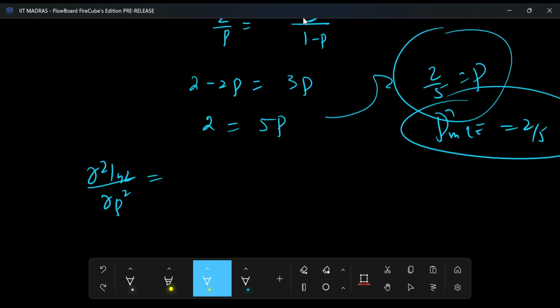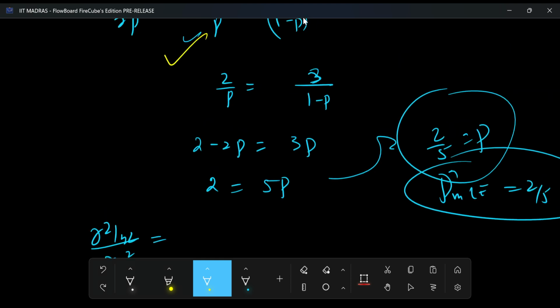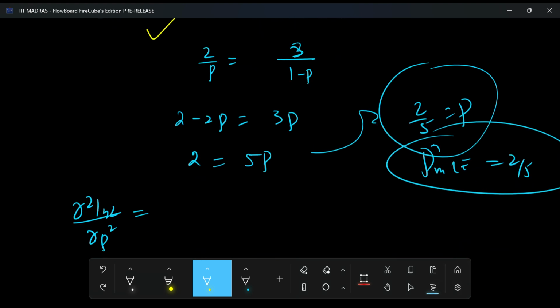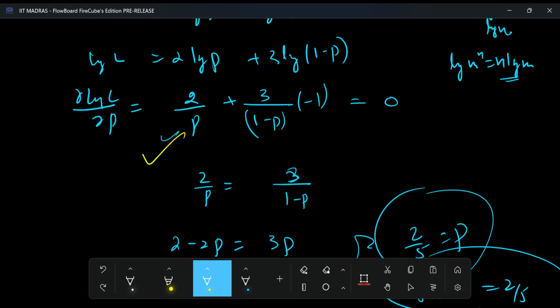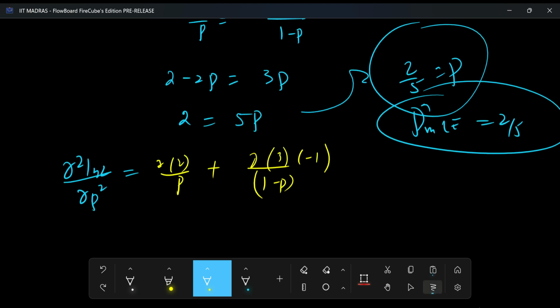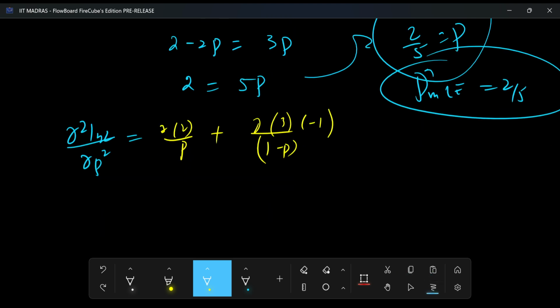So this will be equal to del of 2 by p plus del of 3 by (1 minus p) times minus 1. Yes, 1 minus p upon this. To see, this is constant.